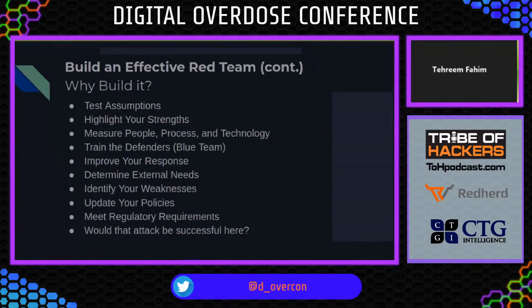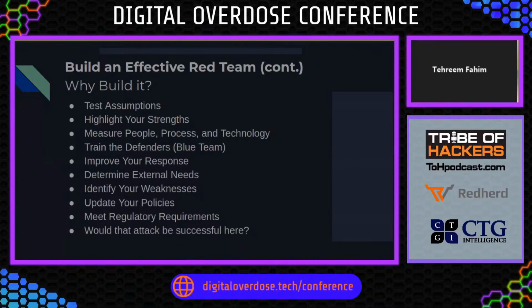Now, come to the main question: why does an organization need red teaming in the first place? So, here comes the answer. It helps organizations to test their assumptions related to security defenses, highlight the organization's strengths, and measure people's, processes', and technologies' awareness and performance in real-world attack scenarios. It helps organizations to train the defenders or blue teamers and also helps to measure security control performance.